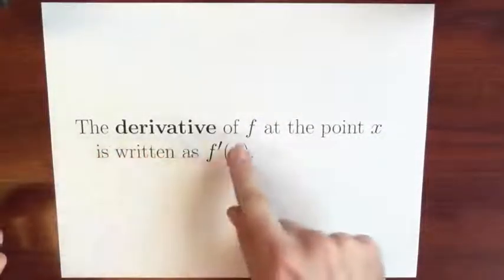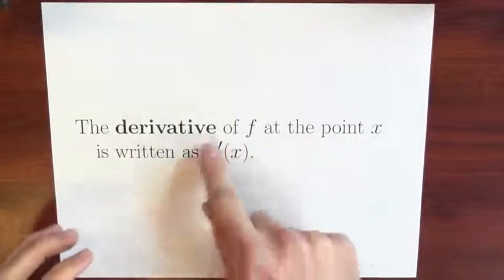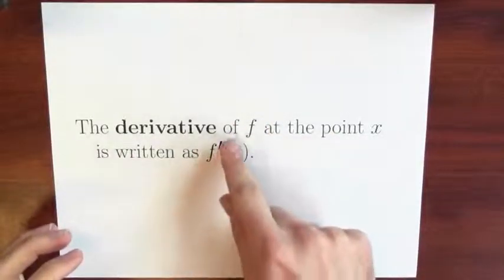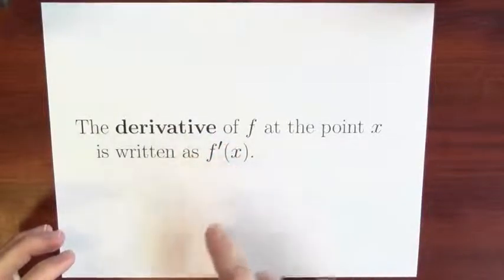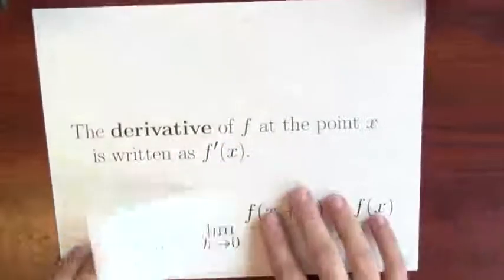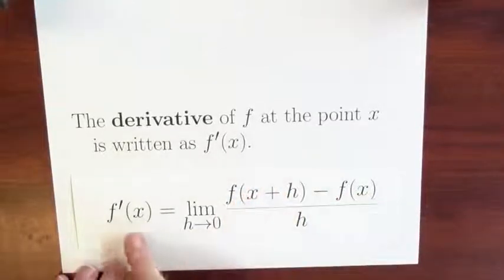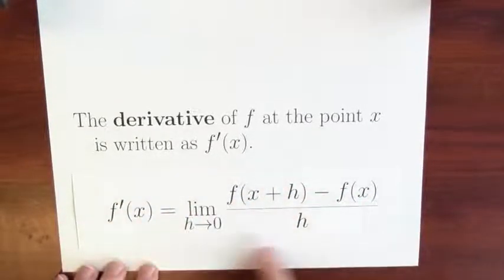There's plenty of other subtleties to this. If I differentiate a function which is differentiable on a whole interval, then I get a new function, f prime. Specifically, the derivative of f at the point x will be written like this: f with this little tick mark here, which I'm going to pronounce prime, f prime of x. The point here is that I can define the derivative as this limit of this quotient.